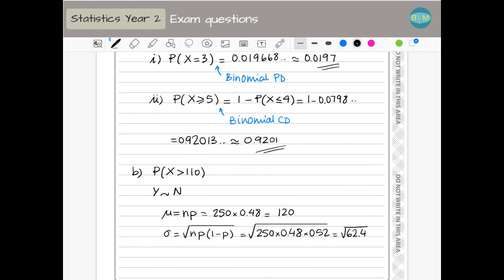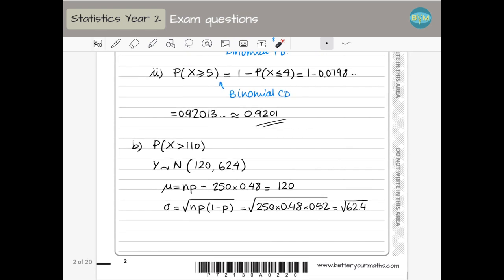So my normal distribution is going to be N(120, 62.4). Remember, I write here the variance, while in the calculator I put the standard deviation, so I don't write the root here, but I use the root in the calculator. So I need to find this probability. This probability is going to be approximated by the probability of Y, which is now a normally distributed variable.